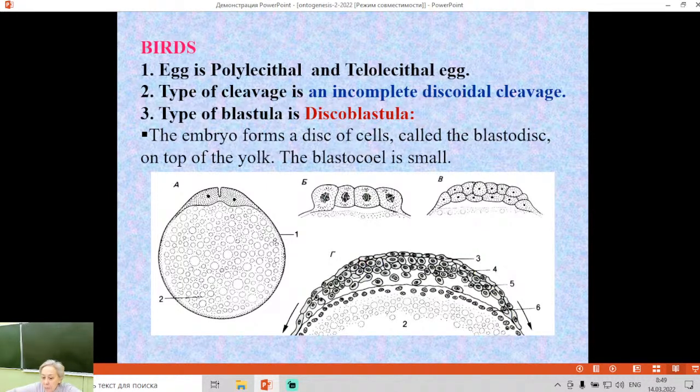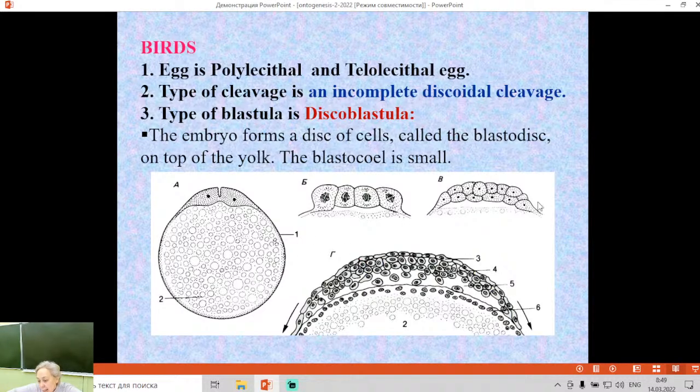So, the type of cleavage is incomplete. And only cytoplasm without yolk can divide. So, cleavage is discoidal. This cytoplasm divides and forms one layer of cells on the surface of the yolk.